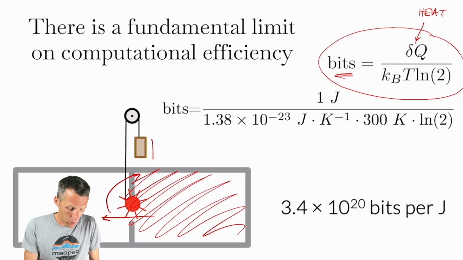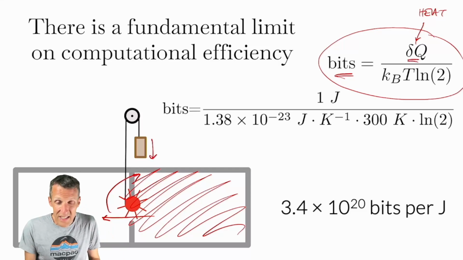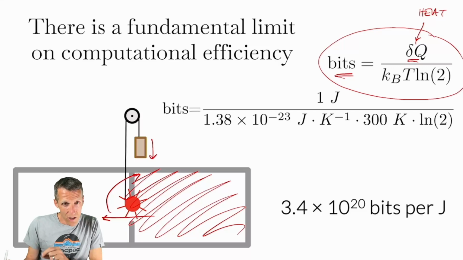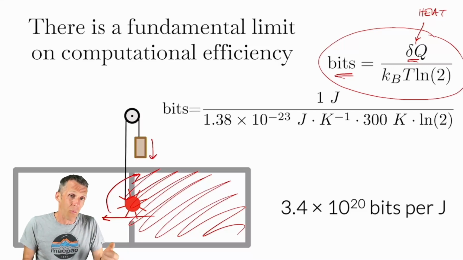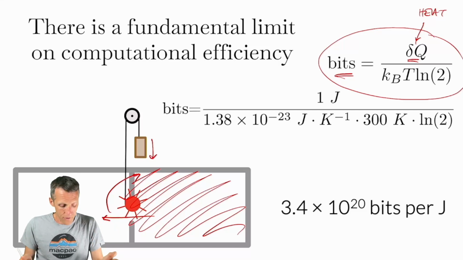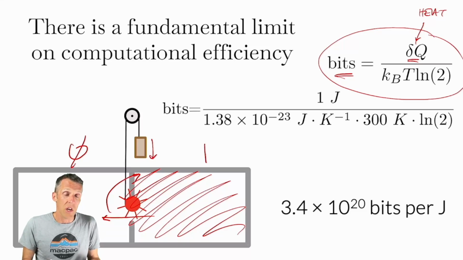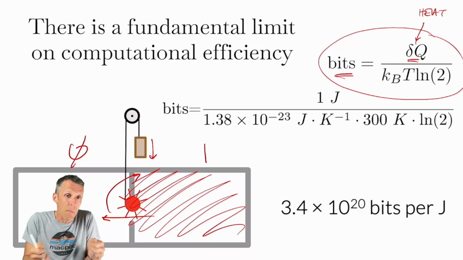And in this case, it will lower the weight, right? This dQ is the smallest amount of energy we have to change in the system to actually get a measurement of whether the gas is on the left or the right. The left or the right, maybe you could represent that as a 0 or a 1. So basically this is saying that there's a minimum amount of energy you need to measure a bit or to represent a bit.